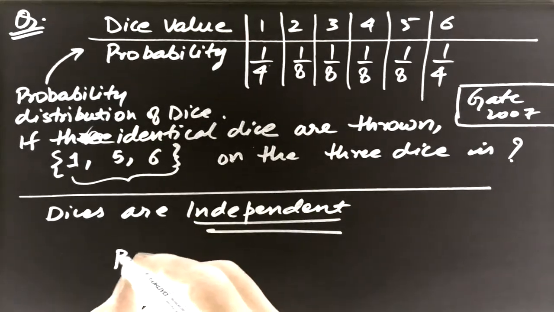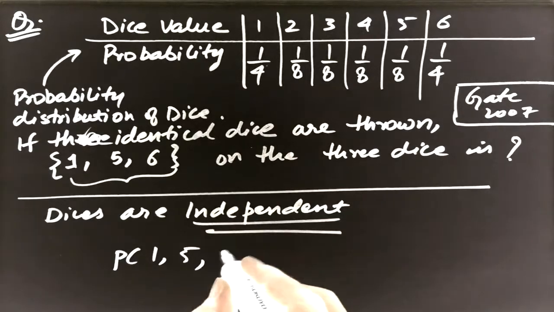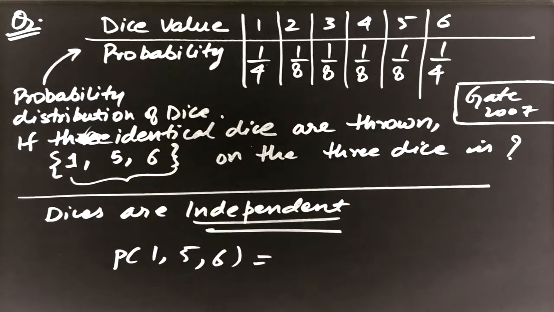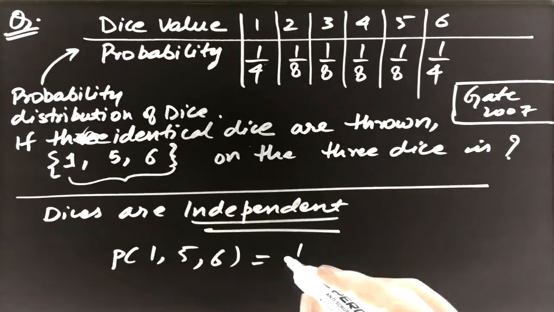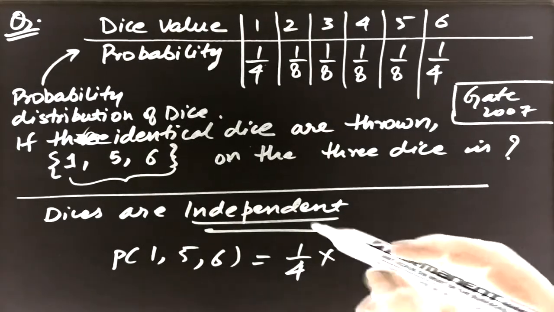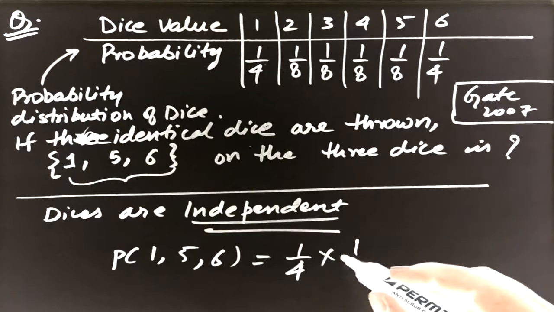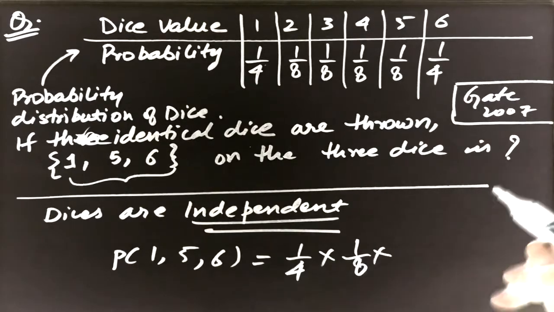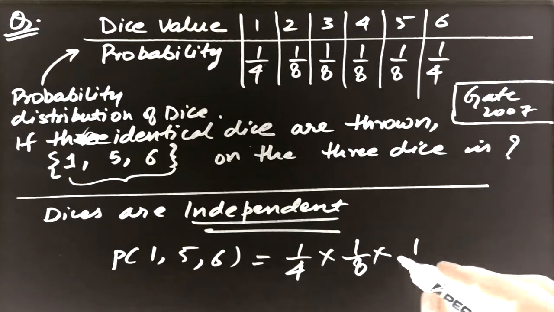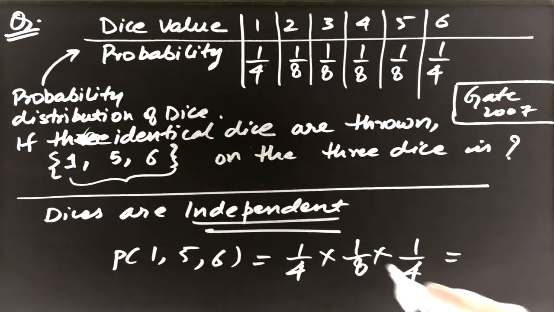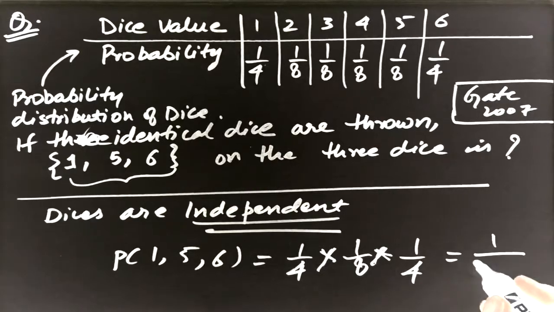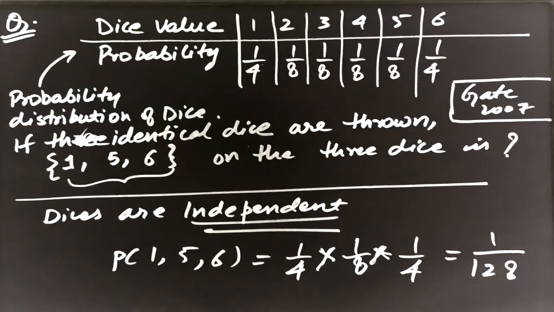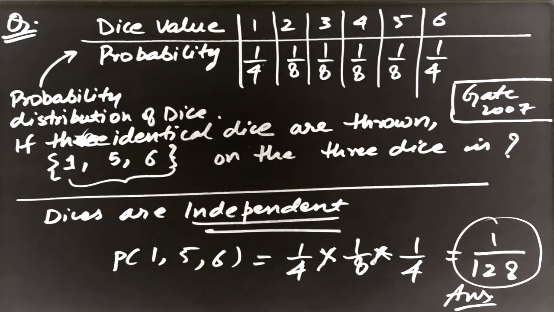So the probability of getting 1, 5 and 6 will be: probability of getting 1 is 1 upon 4, probability of getting 5 is 1 upon 8, probability of getting 6 is 1 upon 4. So it will come out to be 1 upon 128, this is the answer.